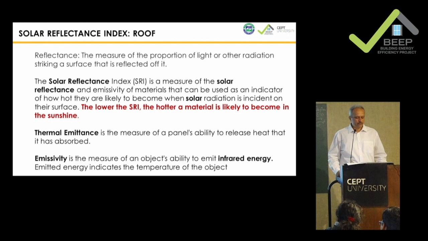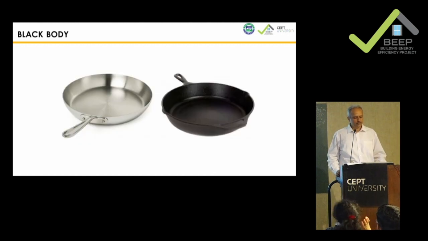Thermal emittance is a measure of a panel's ability or roof's ability to release heat that has been absorbed, even through the conduction. And emissivity is the measure of an object's ability to emit infrared energy through the IR part back into the atmosphere. So that's how your black body versus fully reflected body work.